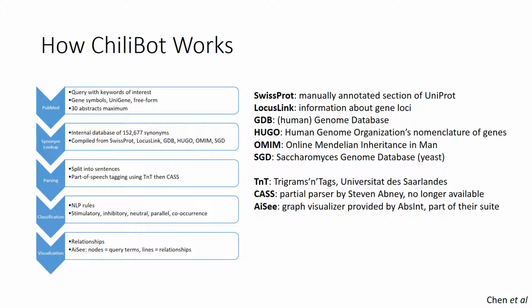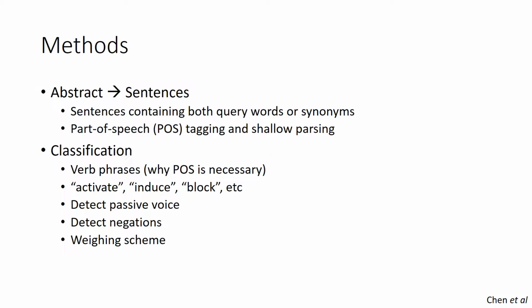Once this information is parsed out, an NLP rule is used to classify the relationships: stimulation, inhibitory, neutral, parallel, or co-occurring. Once the relationships are identified, then you just have to show that information to the user using an AISEE, which is a third-party company.